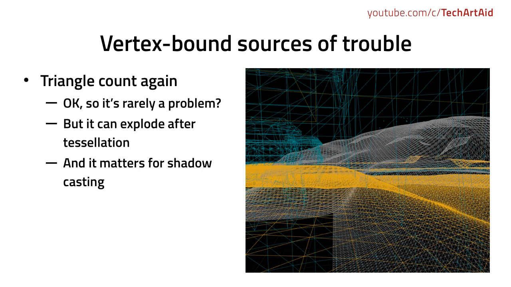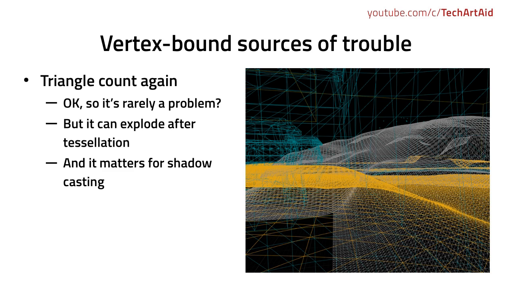So back to the triangle count. Is it really not a problem? Mostly it isn't, but keep in mind that it can explode after tessellation. When you don't control tessellation too well, or assign too big values, you can end up with a lot of quad overdraw. And the amount of vertices matters for shadow casting, because a lamp that has some meshes on its way needs to sort of make a copy of the mesh to draw a shadow map.